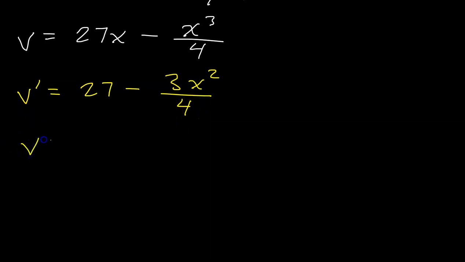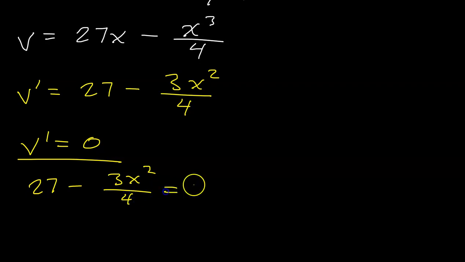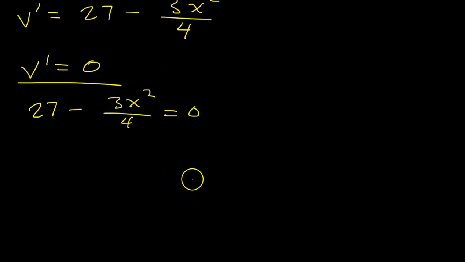What we need to do is find the critical numbers by setting the derivative equal to 0. Normally, we would also ask ourselves where the derivative is undefined, but there is no place where this expression will be undefined. So we will set 27 minus 3x squared over 4 equal to 0.